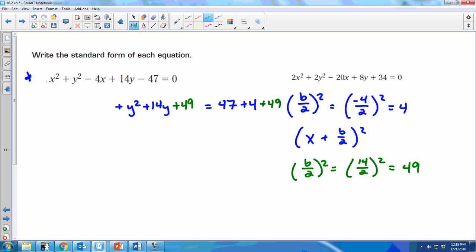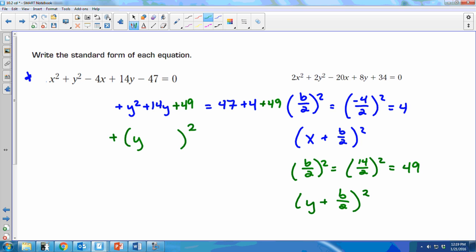So I'm just doing the process. If I'm going to factor this, again, you can use this little equation, or you can look for two numbers you can multiply to get 49 that add to 14.